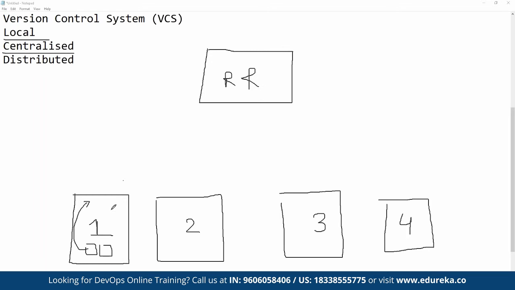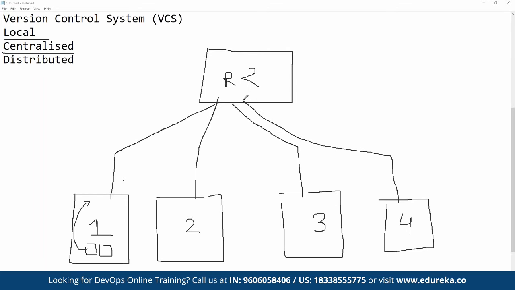If developer 1 is done with the code, they can simply commit their code, meaning they can push the code to the centralized repository so that whatever changes they have made are stored in a centralized location. This is not available locally. It is a remote repository that we can connect to via the internet, and then we can start storing all the files in it.